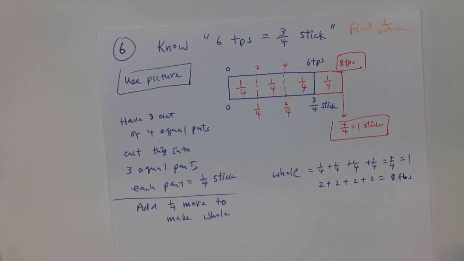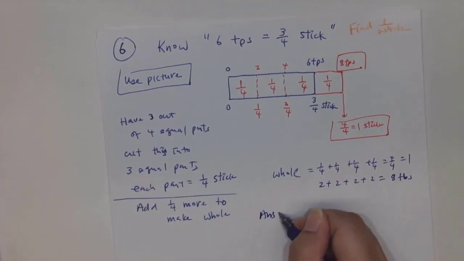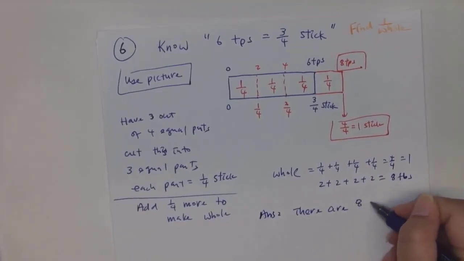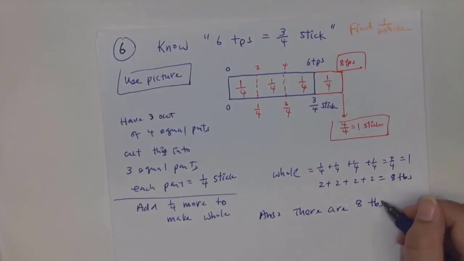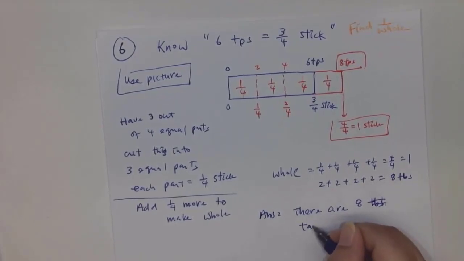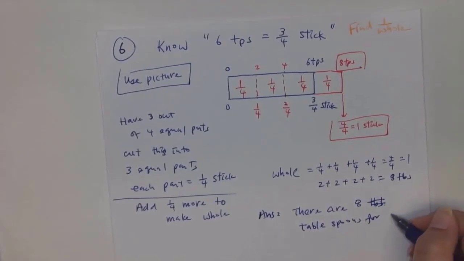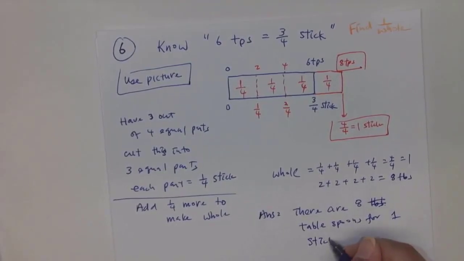Something like that. So I'm going to write my answer statement. There are 8 tablespoons, I should spell it out, for 1 stick of butter. Are we okay?